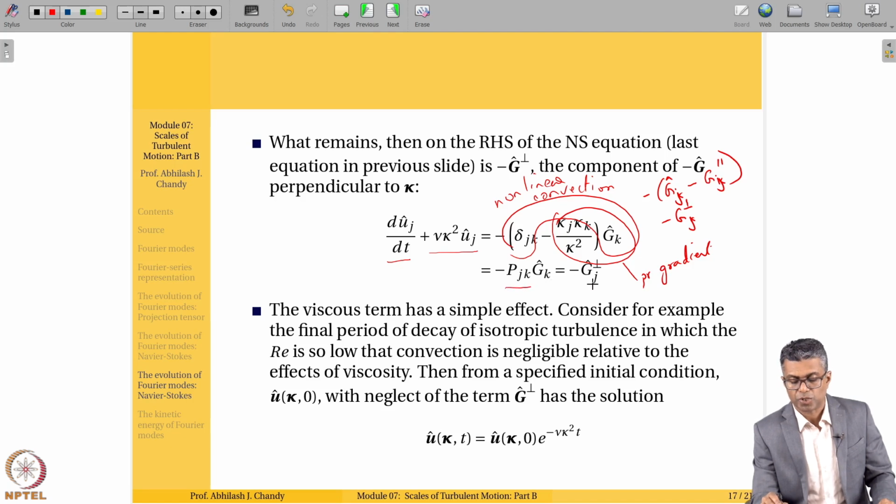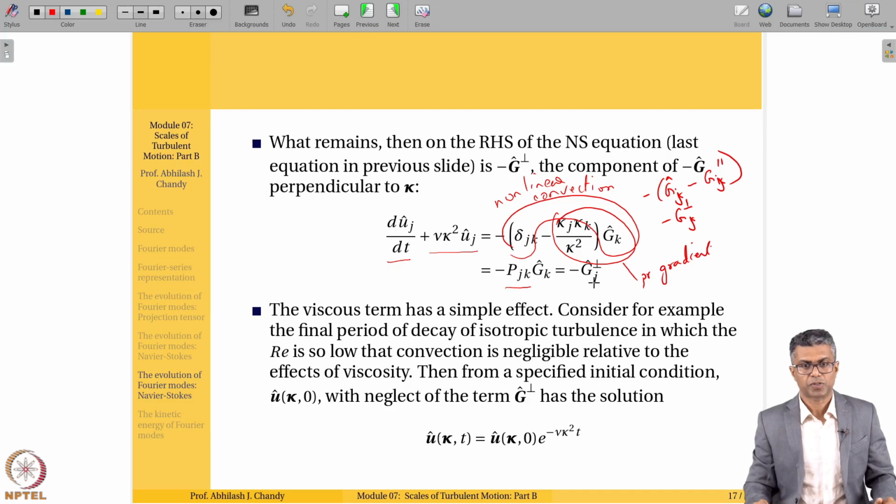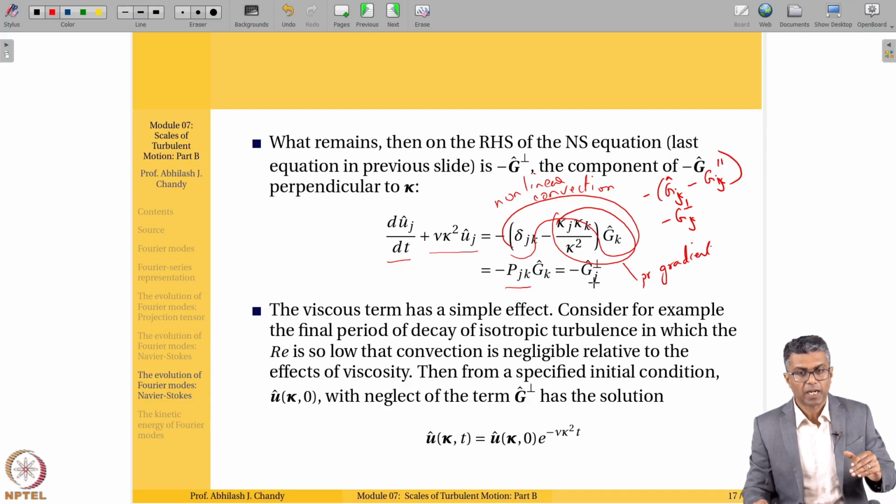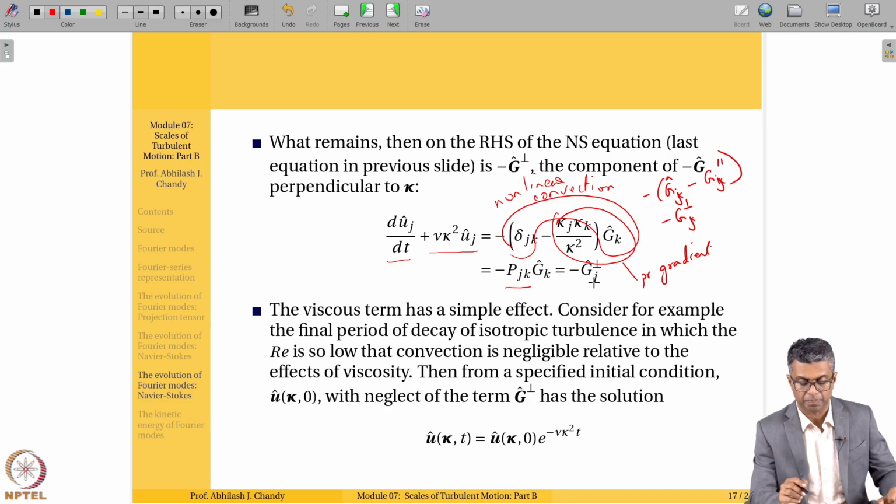It is minus Gj perpendicular. Negative of that, of course. So you have boiled down the Navier-Stokes equations in wave number space to this simple term, which is d uj hat dt plus nu kappa squared uj hat is minus Pjk Gk hat, or minus Gj perpendicular.